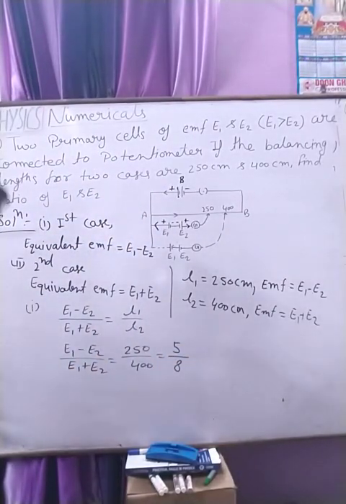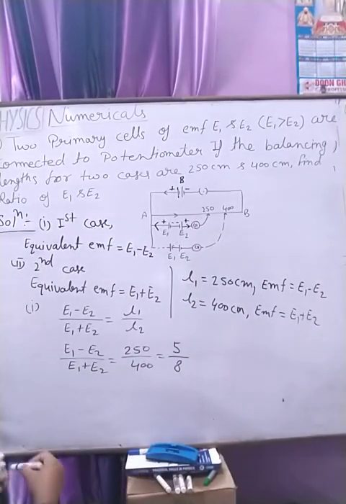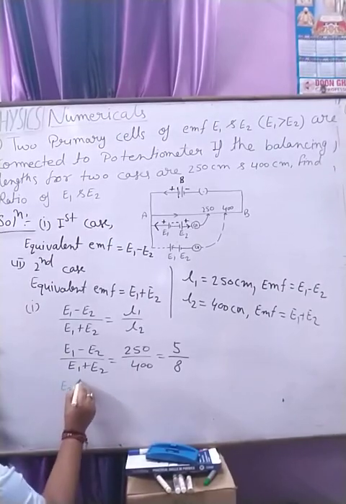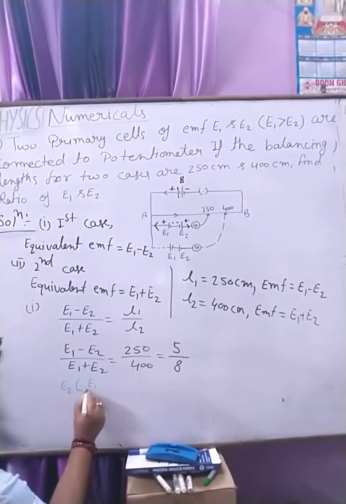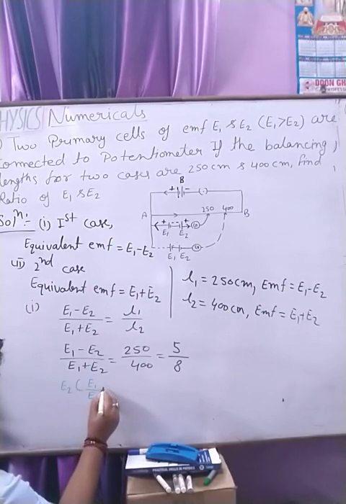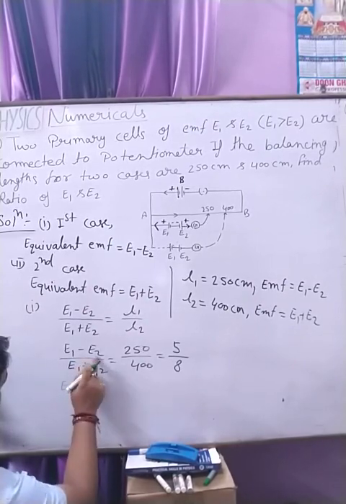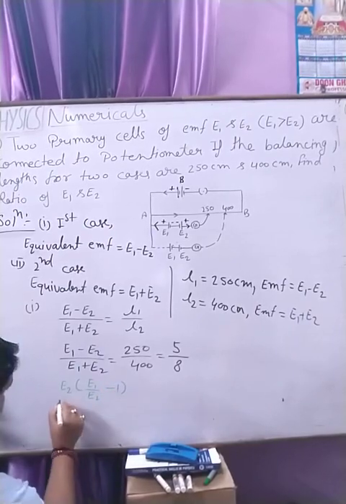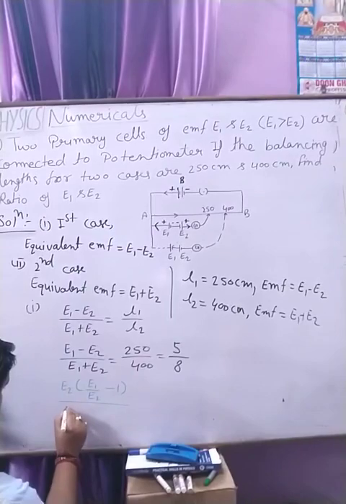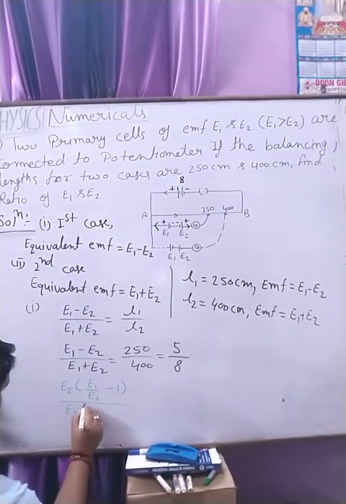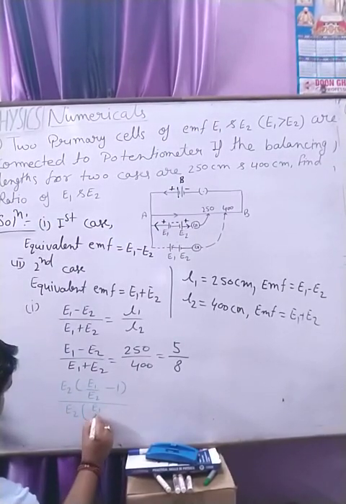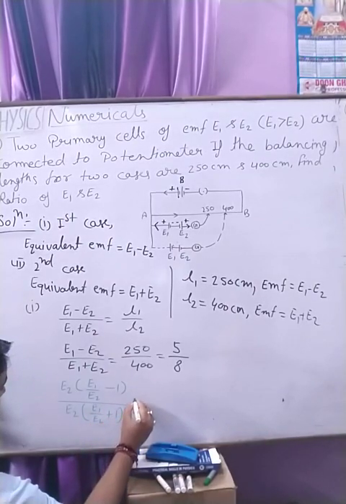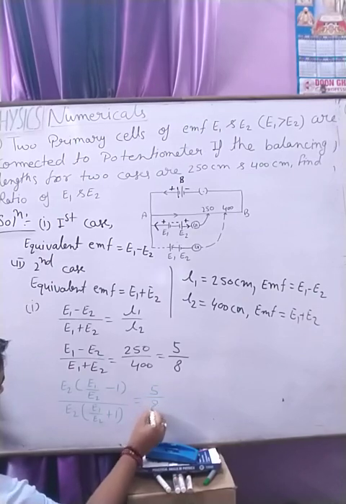Okay, now taking E2 common, we get E1 upon E2 minus 1, and here E2 taken as common, E1 upon E2 plus 1, equal to 5 by 8.